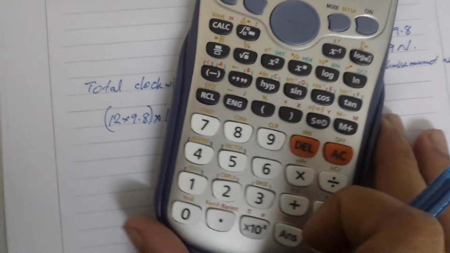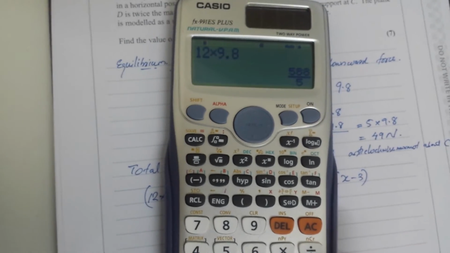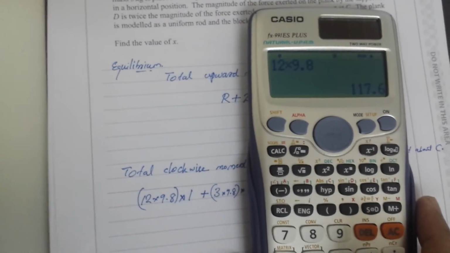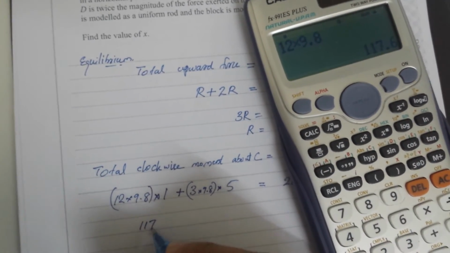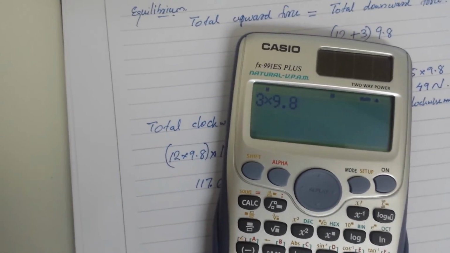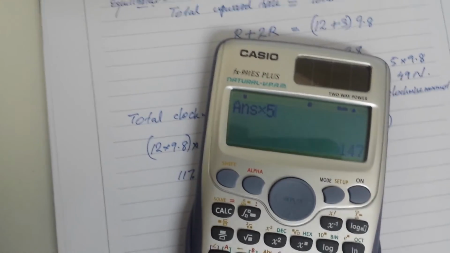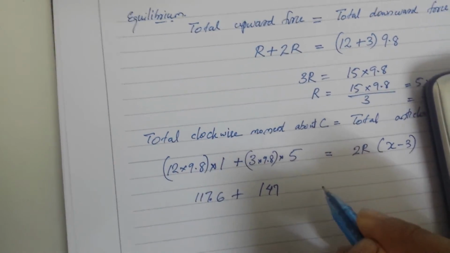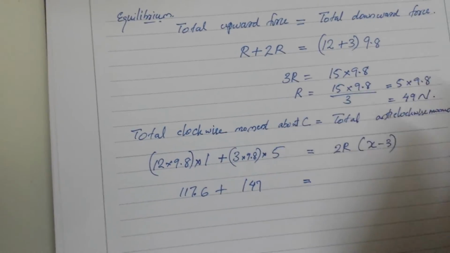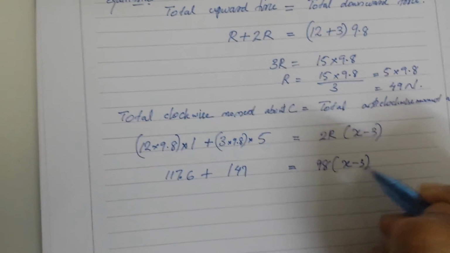Use the calculator. 12 into 9.8 times 1 is 117.6, plus another one, 3 times 9.8 is 29.4, times 5 is 147, is equal to, here the R is 49 we know, so 49 times 2, 98, into (x minus 3).